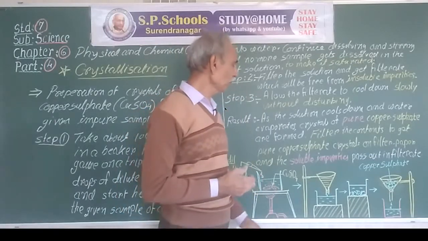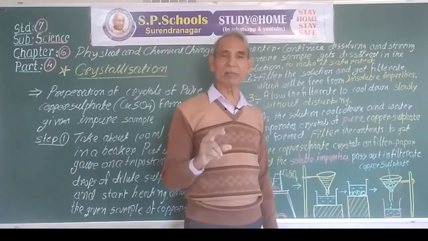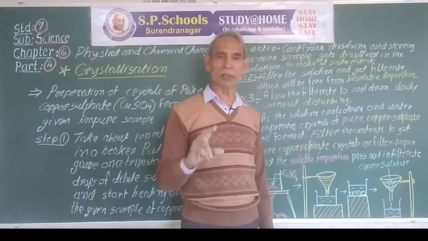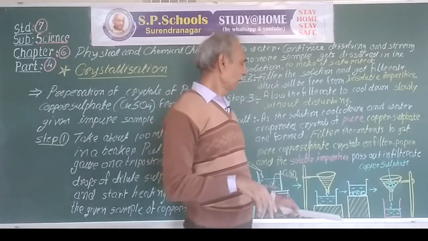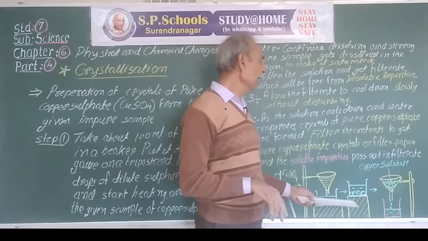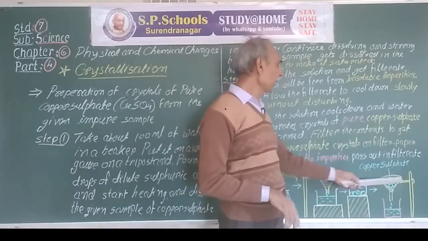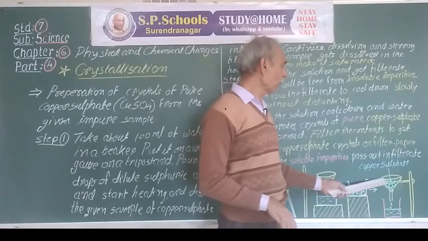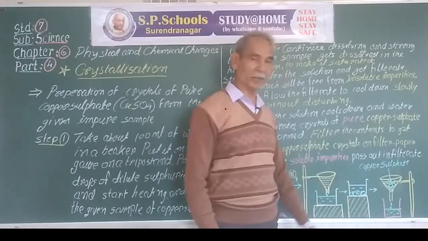Now, as crystals grow in size, when they are allowed to stand for some time, they are then filtered out. Take a funnel, put a filter paper in it and filter the content.